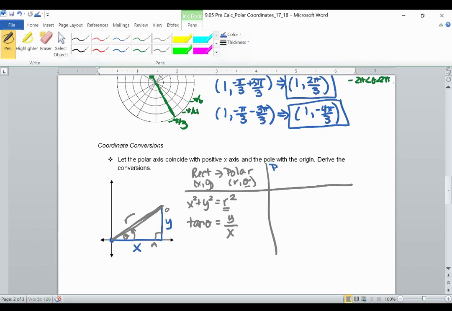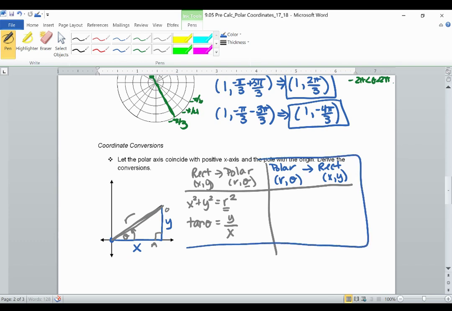So let's say you're given the polar coordinates, so you know r and you know theta, and you want to get to the rectangular coordinates, which is x and y. So if I already know r and theta, how can I figure out x and y? Well, if we know theta and r, and we're trying to find x, what relationship can we form?